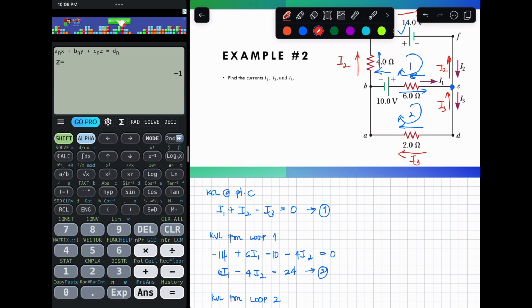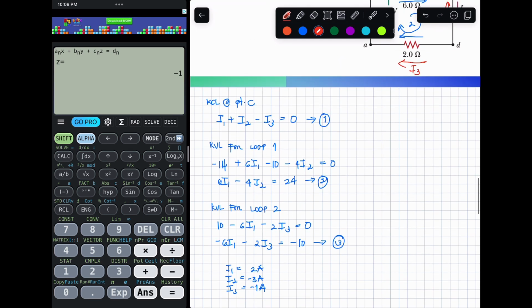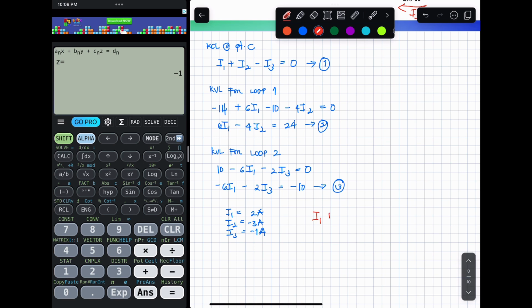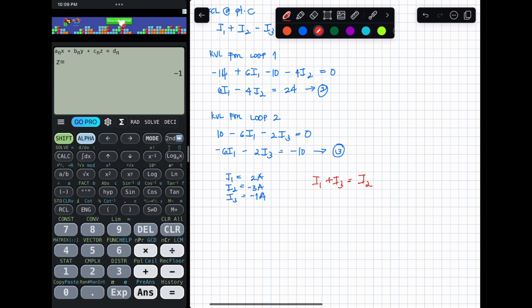Using KCL, entering are I1 and I3, so I1 plus I3 is equal to I2. I1 is 2 amperes, I3 is 1 ampere, so once you add them, you get I2, which is 3 amperes. You could have a negative current, but then the assumption is just the opposite one.